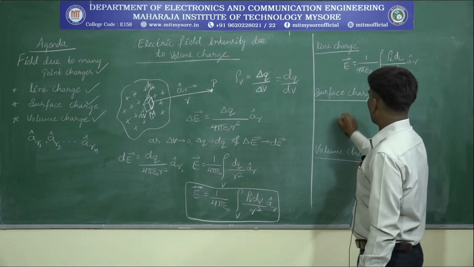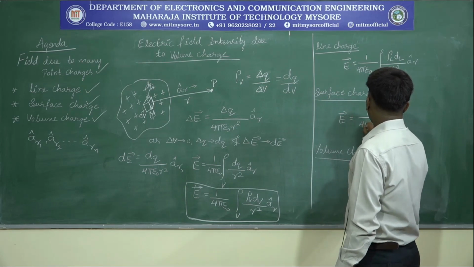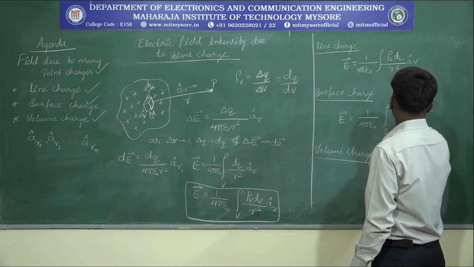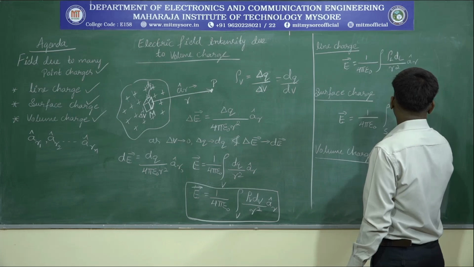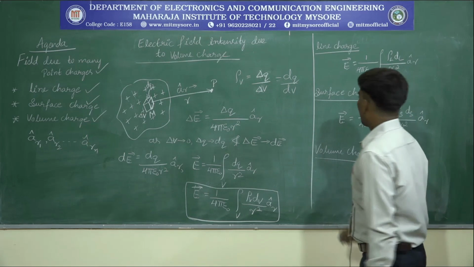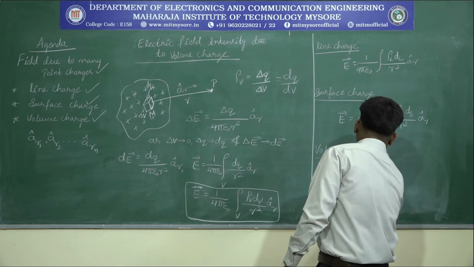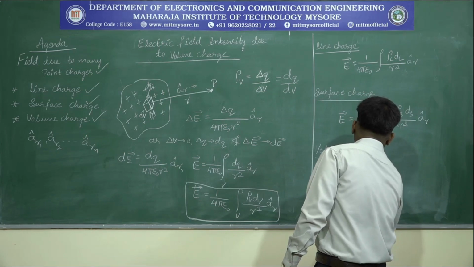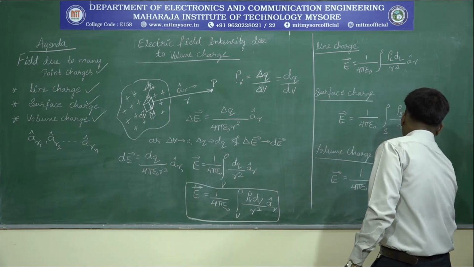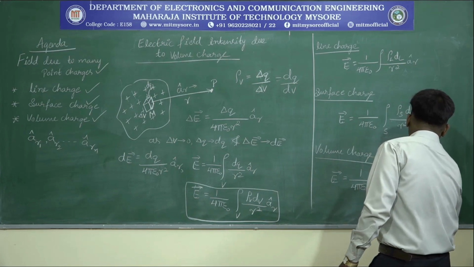For surface charge distribution, E is equal to 1 by 4 pi epsilon naught into the surface integral of rho s into ds divided by r square into a cap r. Then for volume charge distribution, E is equal to 1 by 4 pi epsilon naught into the volume integral of rho v into dv divided by r square into a cap r.